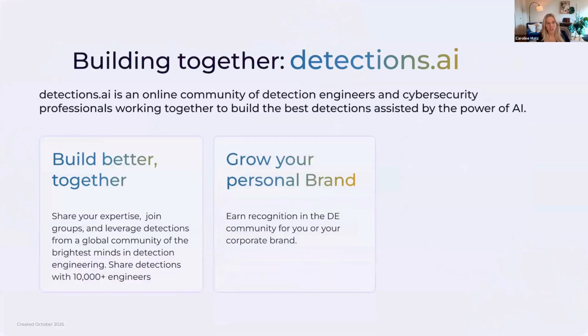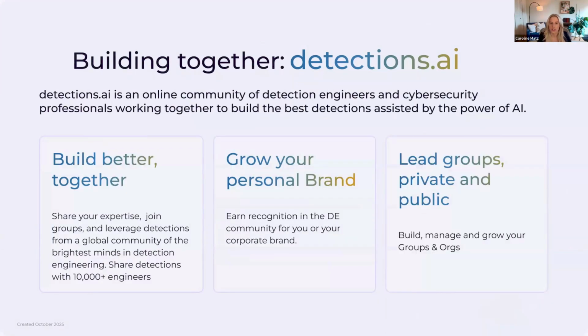So, like I mentioned, today we will be going a little bit deeper into building a community together. We are a community of 9,698 people and growing. This platform gives you an opportunity to share expertise, join groups, and leverage detections from a completely global community. And you have a platform of nearly 10,000 people, which is pretty exciting.